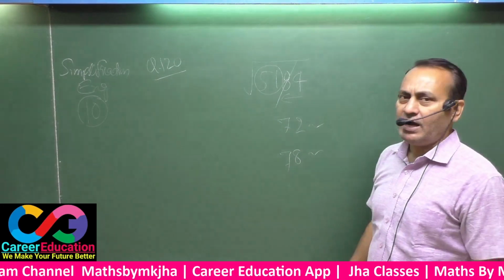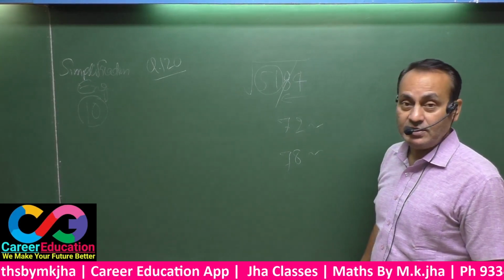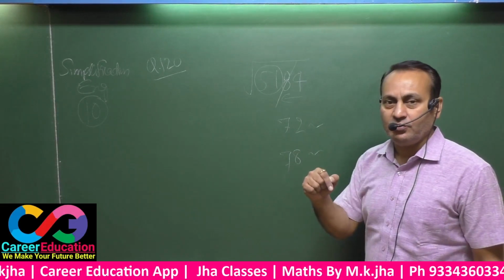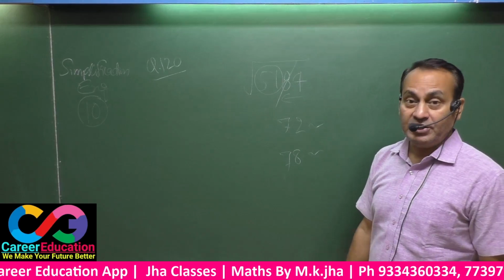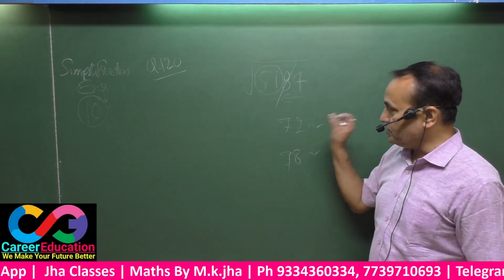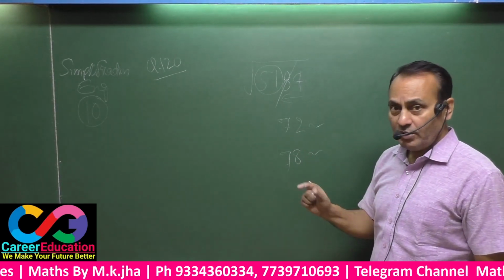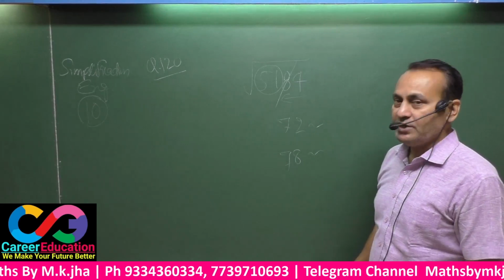Thus you got the answer, but now you have 2 answers: either 72 or 78, and in fact the answer will be only one of them. For that you have to guess again.